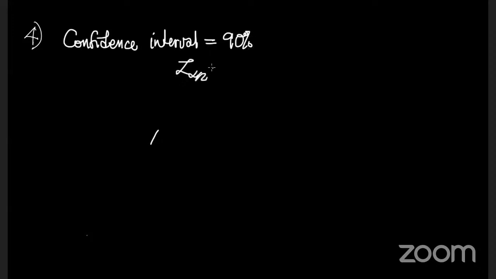Given a 90% interval, so the confidence interval is 90%. This implies that for 90%, the Z-score is 1.65.